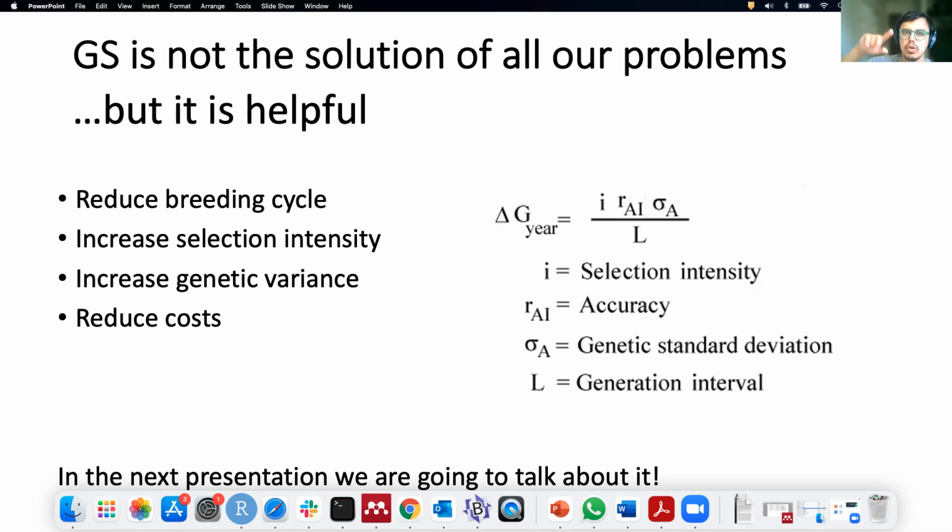That is going to reduce the generation interval by almost 2 years, and it is going to stack the good alleles faster in the breeding program. So as you can see, with genomic selection we can increase the genetic gain. That is what we want in the breeding programs.